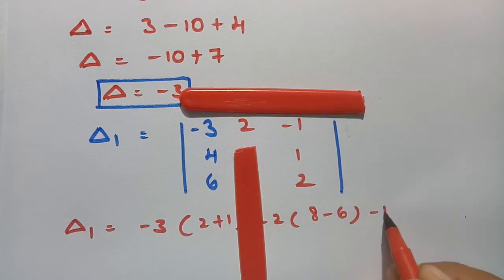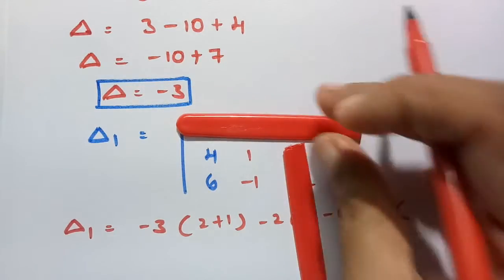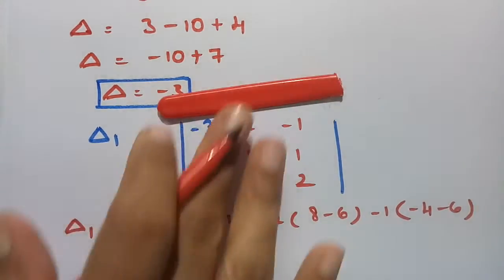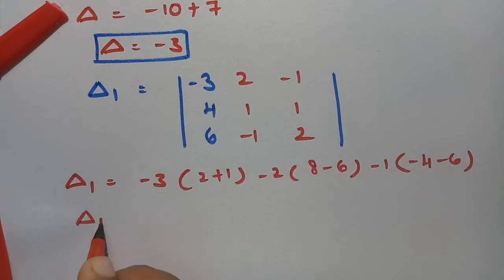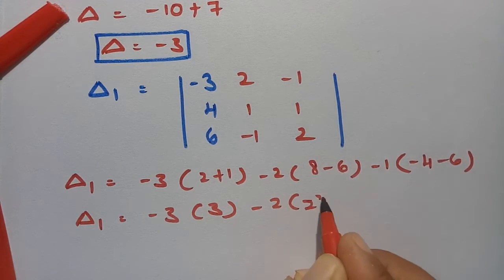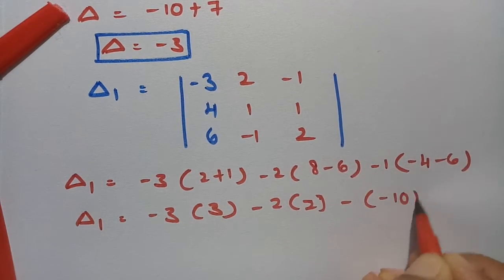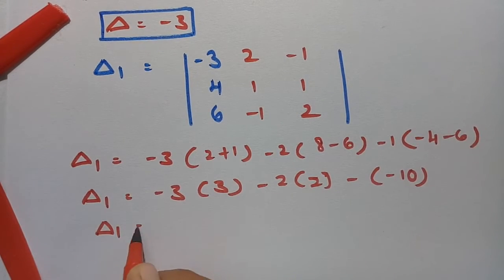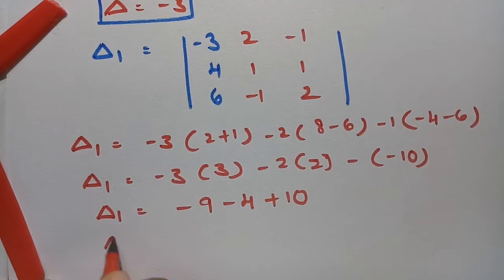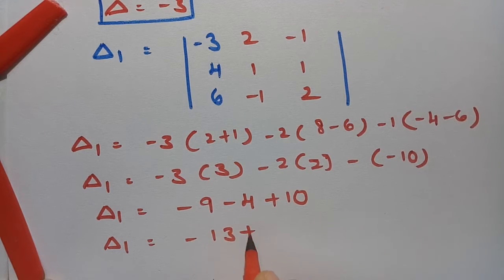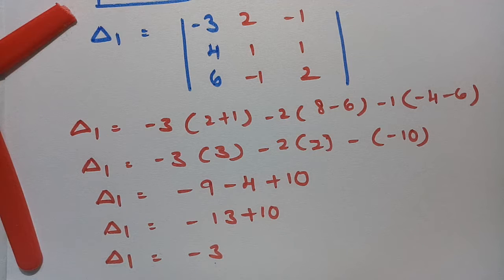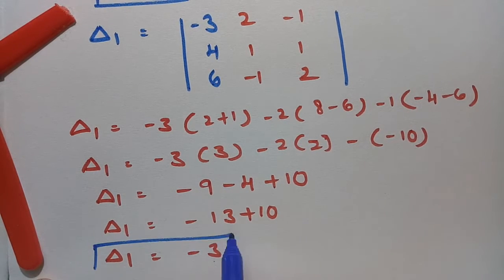The next one is minus 1 times: closing the row and column, this is minus 4 and this is minus 6. So delta 1 is equal to minus 3 into 3, minus 2 into plus 2, minus 1 times minus 10. So delta 1 value is minus 9, minus 4 and plus 10. This gives minus 13 plus 10, and therefore delta 1 is minus 3. So I got the value of delta 1.